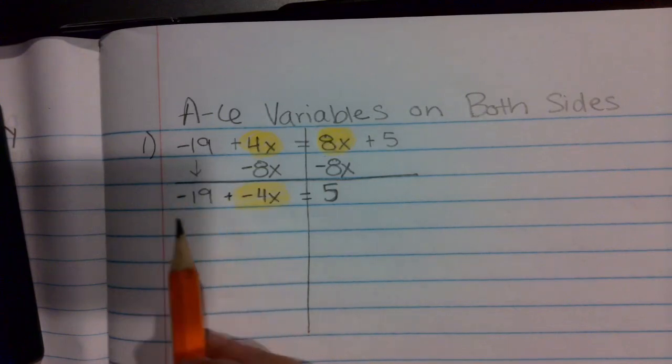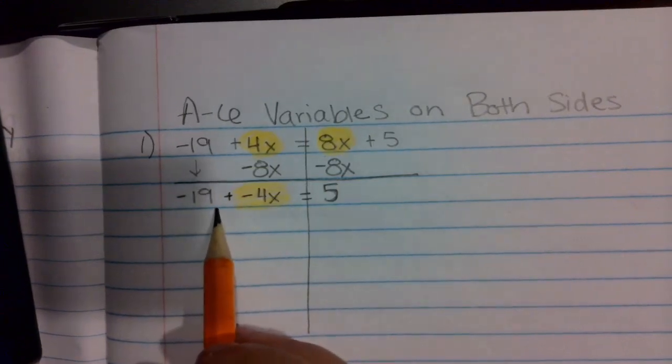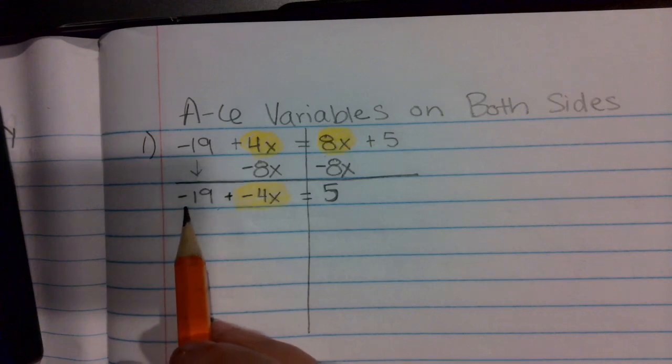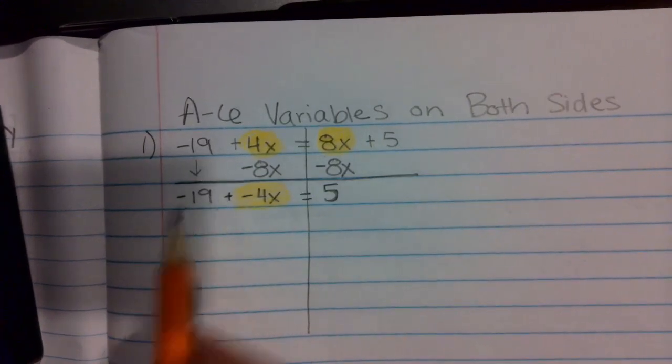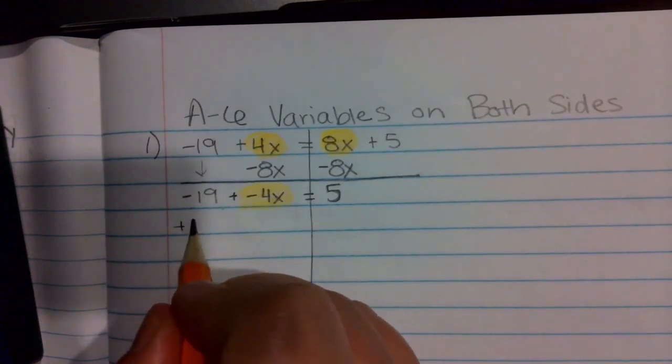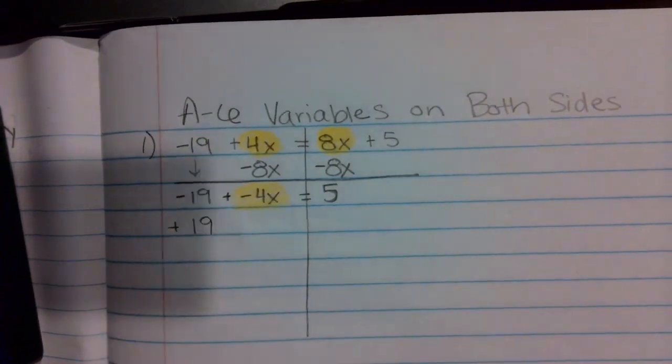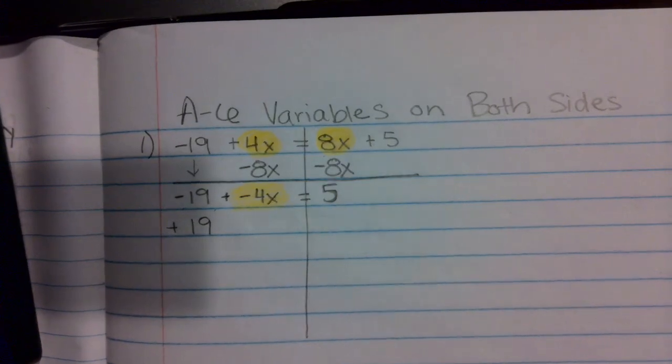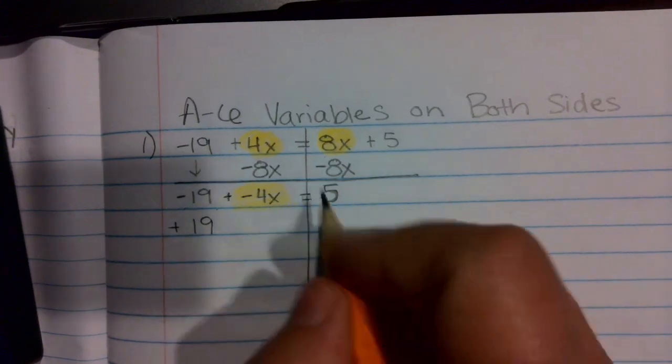We're going to undo this negative 19. Right? And it's adding a negative. So remember to think of how to undo adding a negative. We're going to add a positive because we're trying to get to 0. Okay, we do it on one side, do it on the other.